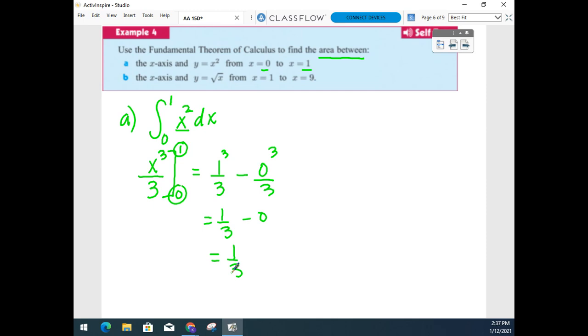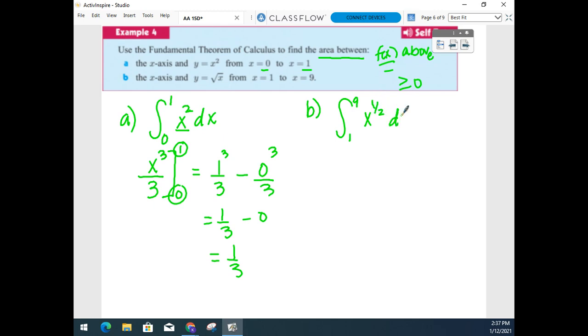Letter B. Now remember, the area is only if the function is above the x-axis. It has to be greater than or equal to 0. But x squared and the square root of x are both above. So we're going to integrate from 1 to 9 of the square root of x.